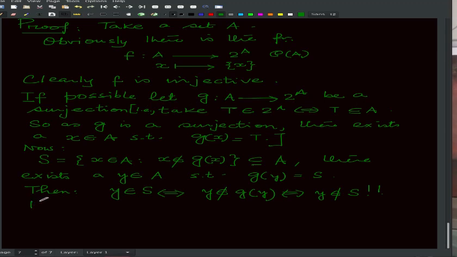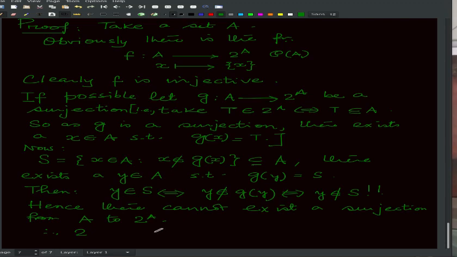So hence, there cannot exist a surjection from A to 2 to the power A. Therefore, 2 to the power A is larger, strictly larger than A. So that's the proof.